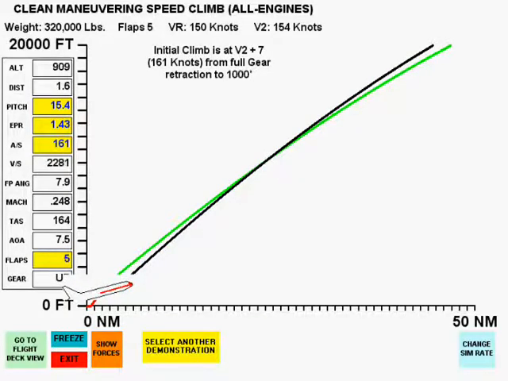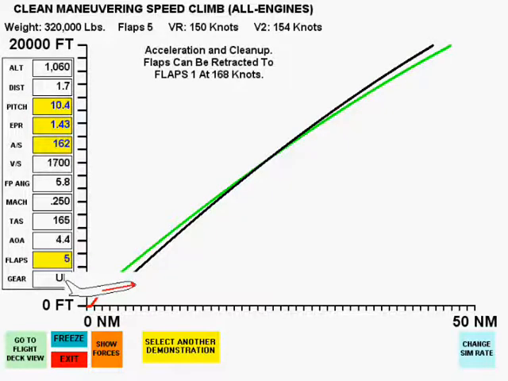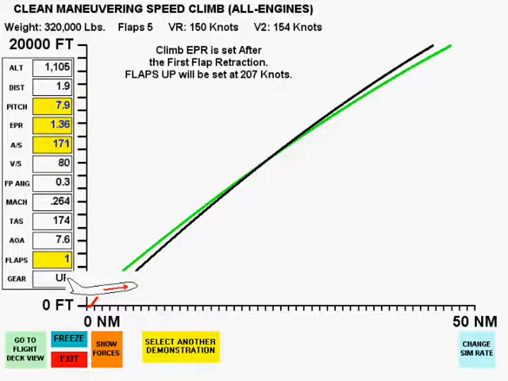At 1,000 feet, we will accelerate, setting flaps 1 at 168 knots and climb power, flaps up at 207 knots, and continue the acceleration to 228 knots, which will be maintained in this clean maneuvering speed climb profile.